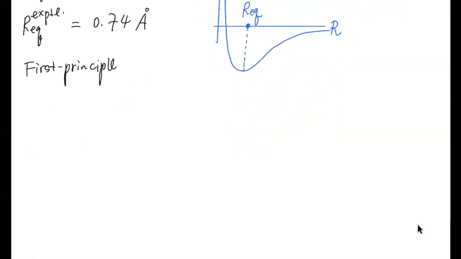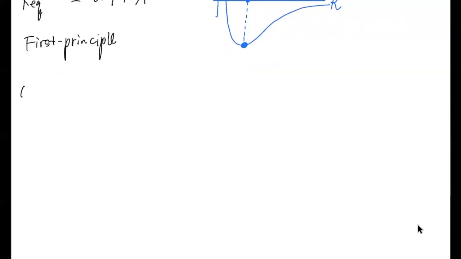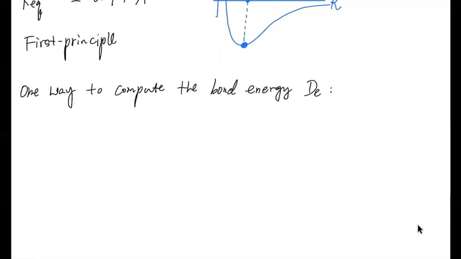So, now we know the energy of the hydrogen molecule at the equilibrium geometry, which is the bottom of this potential energy surface. Now, another very interesting property that we care about is the bond energy. Let's consider D_e.